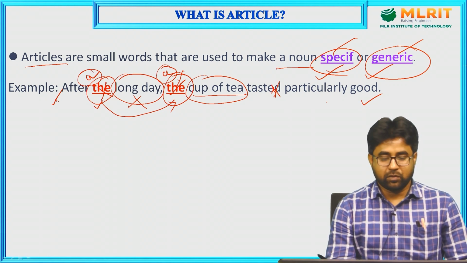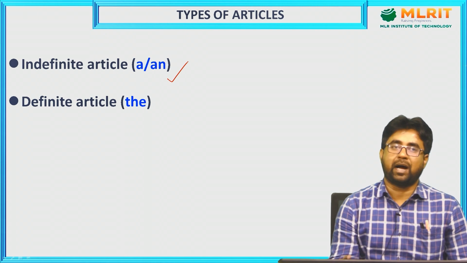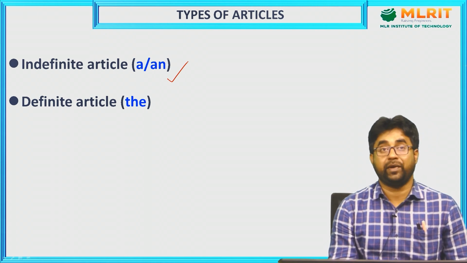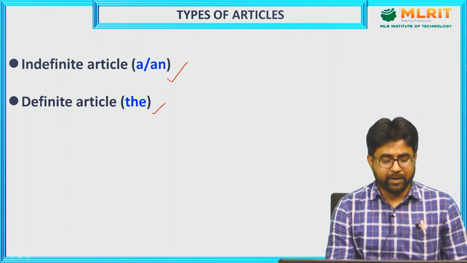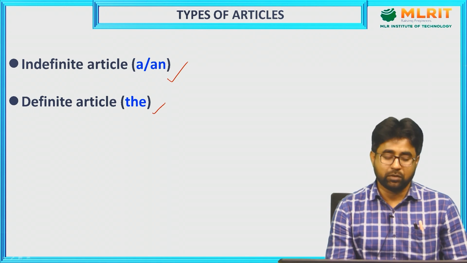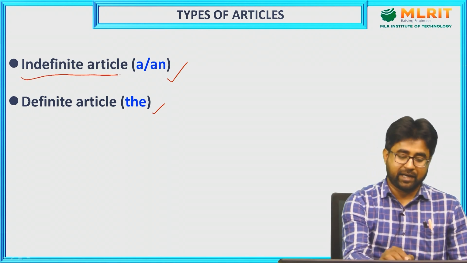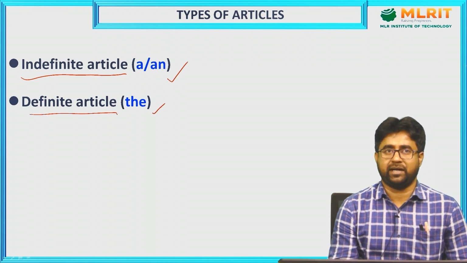So let's go to the next part, types of articles. Though I will be talking about the usage of indefinite articles only, before that it is better to have an idea about different types of articles. There are two types of articles, indefinite article and definite article.